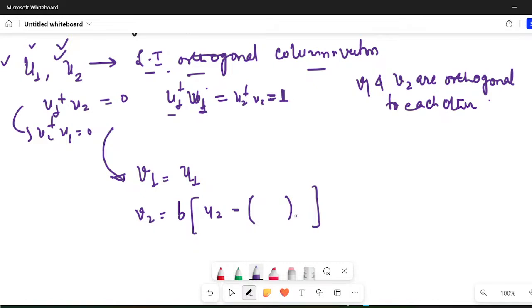Because if it is u1 dagger u2, then I think there will be a problem. That's why I'm getting confused.